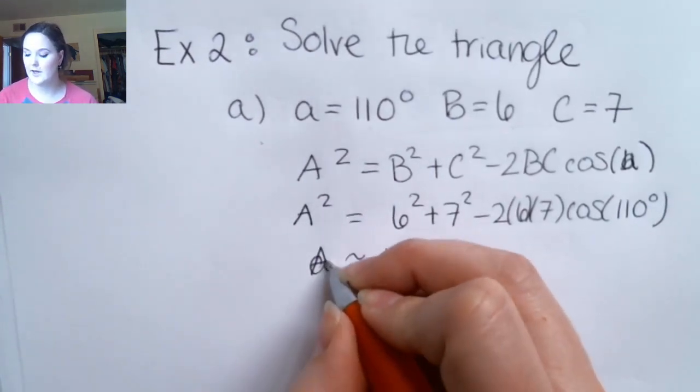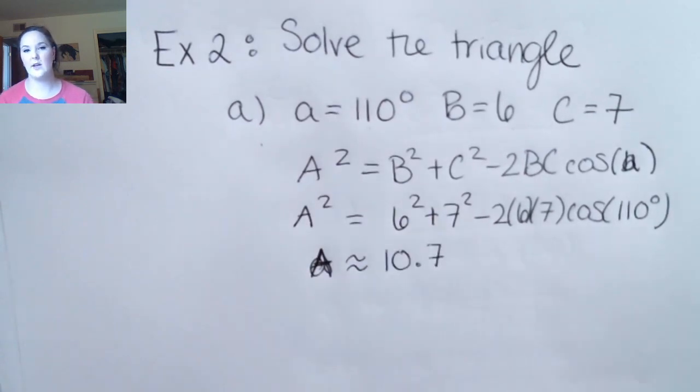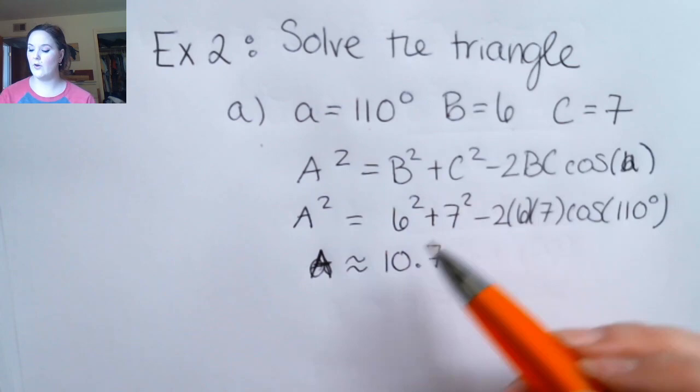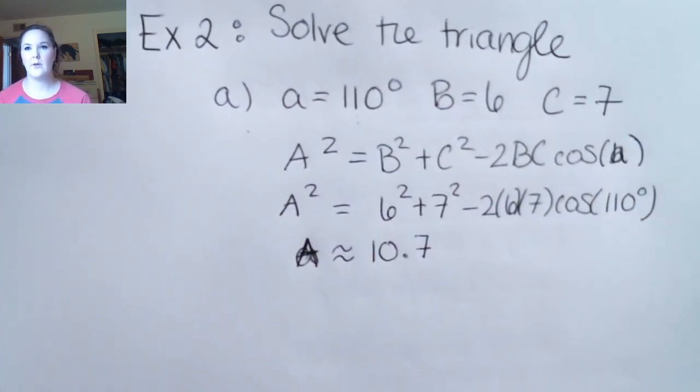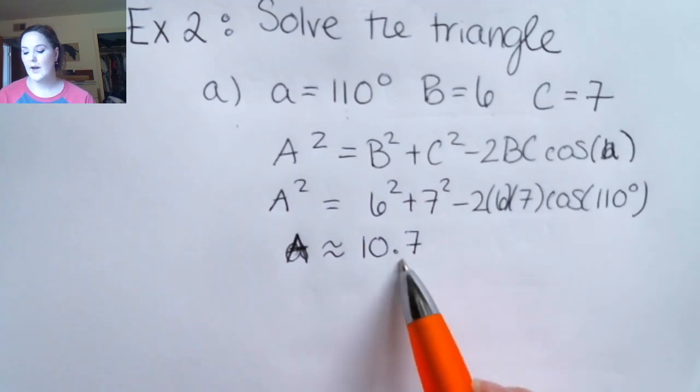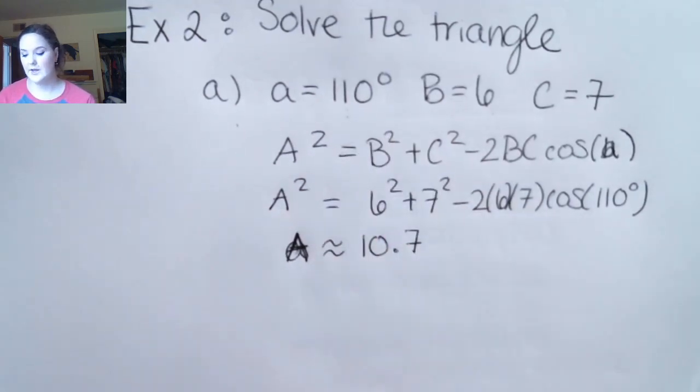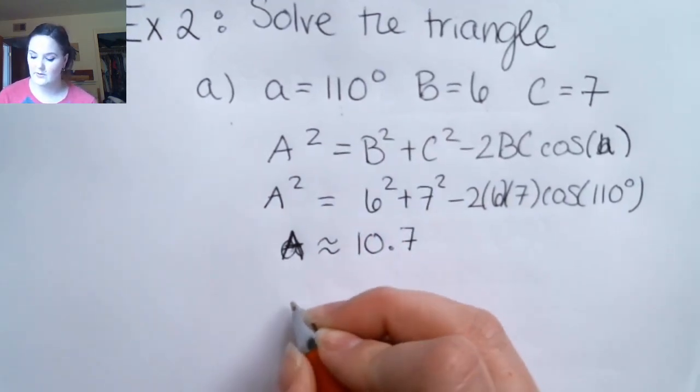Oops, big A, the side length A. Okay, so now we have all three side lengths and we have one of the angles. Okay, so now we do have a side length that's across from an angle, and we're going to switch to using the law of sines.